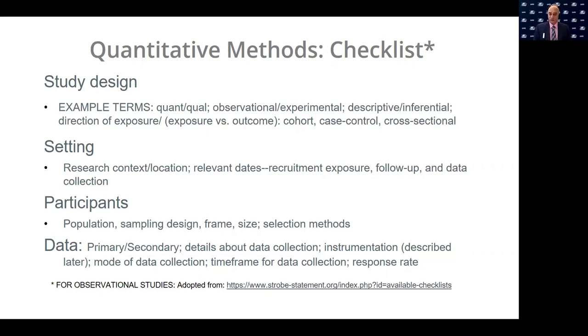You have to make sure that you talk about whether your study is quantitative, qualitative, is it observational versus experimental, is it descriptive, or is it inferential in nature? And based on the direction of exposure, is it a cohort study or another type, which is backward tracing, also called case control studies?